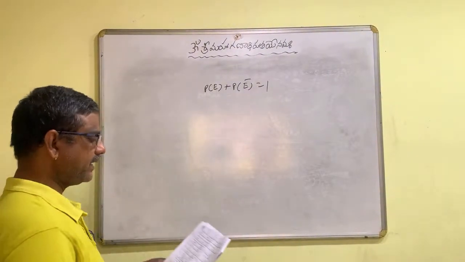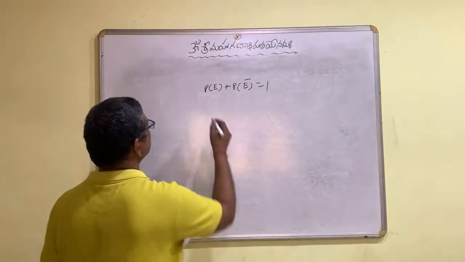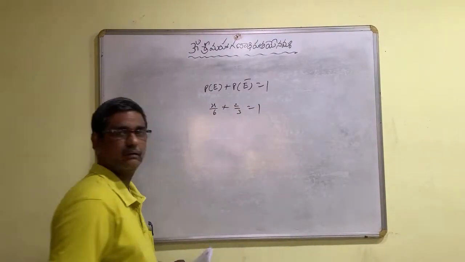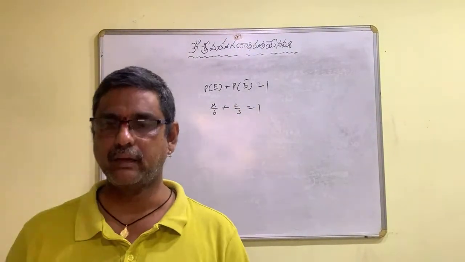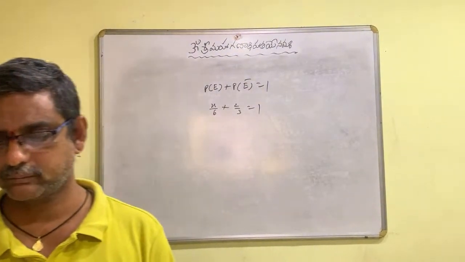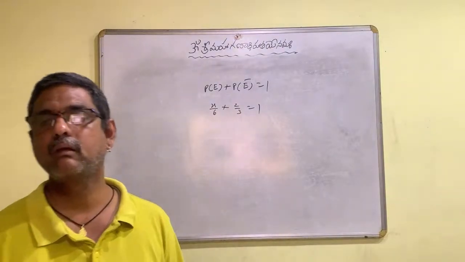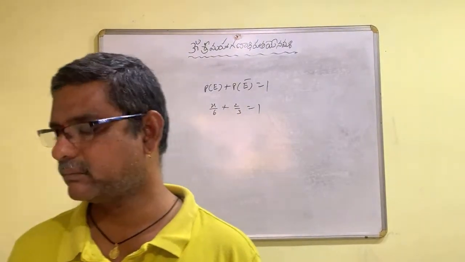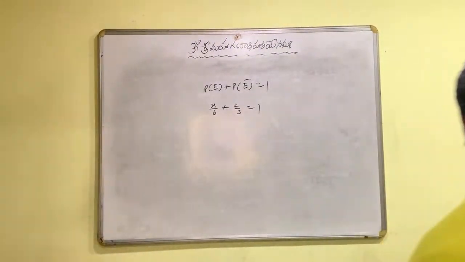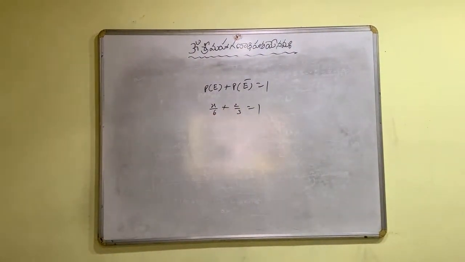So here the probability of happening is given as x by 6, plus 2 by 3, which is 1. What is x, children? Everyone is giving the answers well here, but nobody wrote it in the exam. Everyone is giving correct answers.